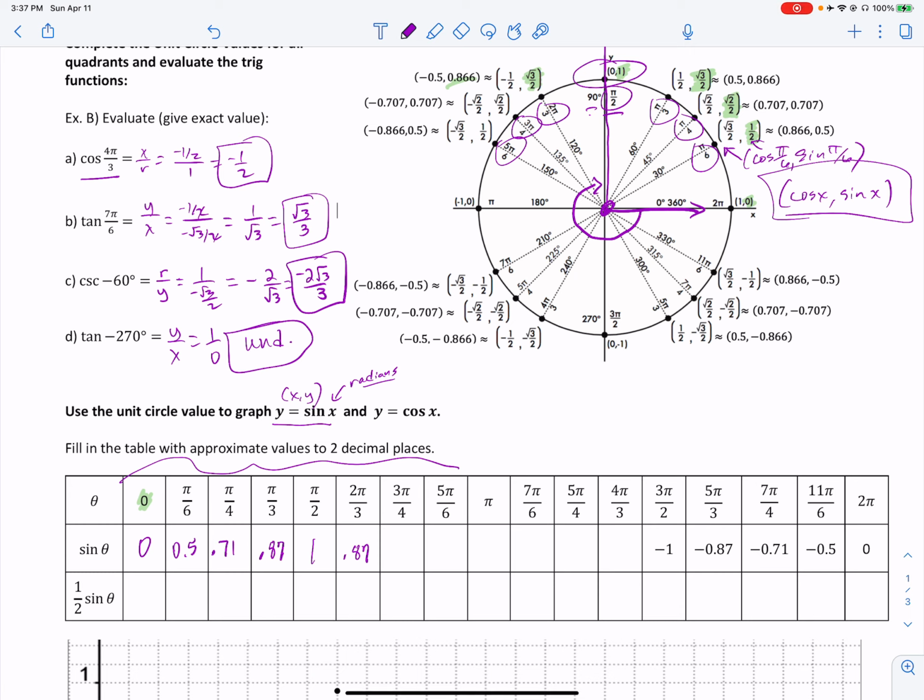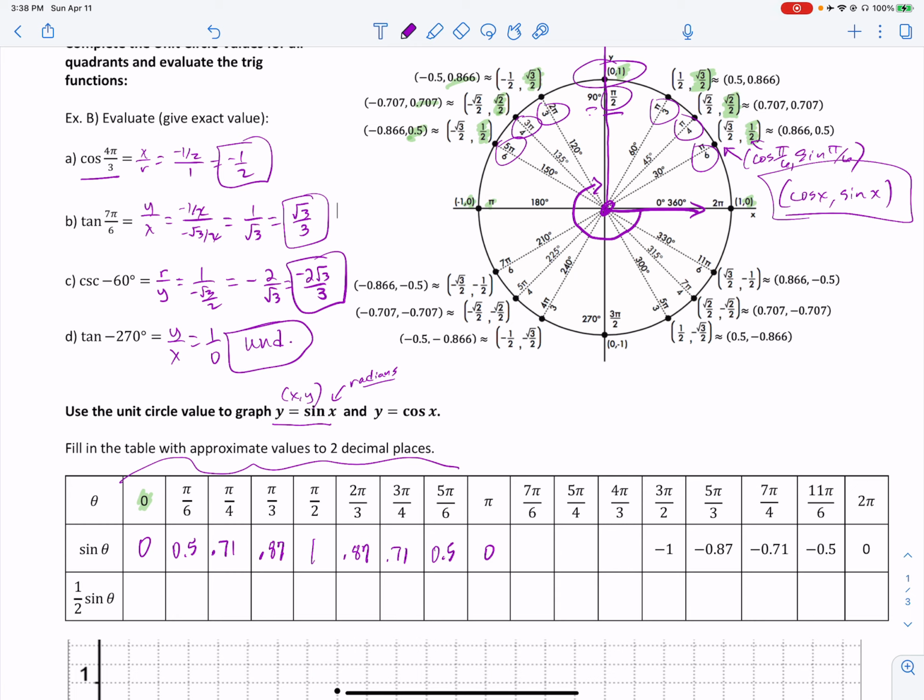And at 3 pi fourths, we're going to be at root 2 over 2, which is 0.707. Then at 5 pi 6, we're going to be at 0.5. And when we get to pi, we're going to be at 0. So using those values, we've got 0.87, 0.71, and 0.5 at 5 pi 6. And at pi, we are at 0 again.